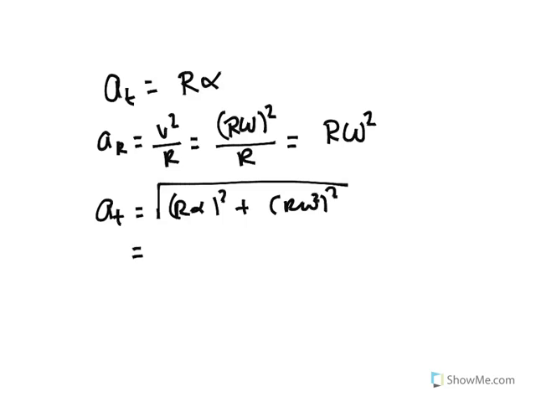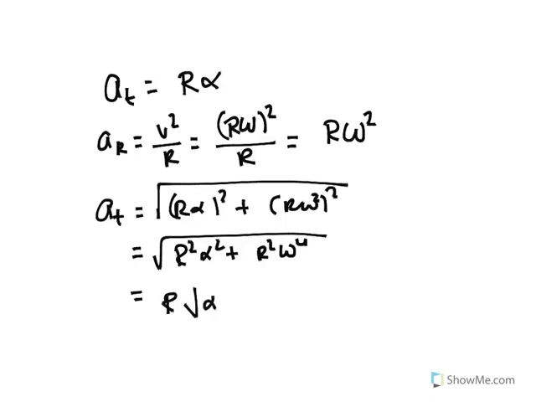I am missing a square here, and this is going to be the square root of r squared alpha squared plus r squared omega to the fourth. Factorizing r and getting out the square root of r squared gives me r times the square root of alpha squared plus omega to the fourth. And this is the total acceleration, not the tangential, of any given particle in a circular trajectory.